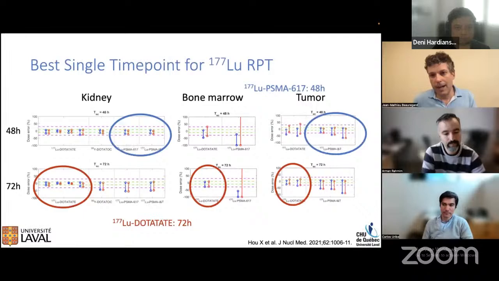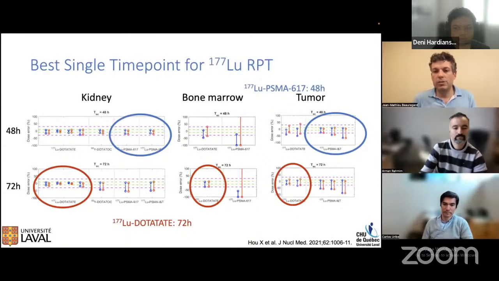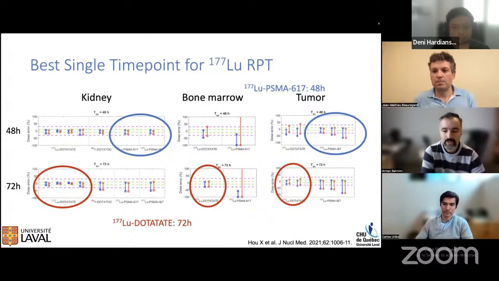The lutetium PSMA clears faster from the body, so the optimal time point is around 2 days after the treatment, whereas with lutetium dotatate, it's better to scan 3 days after the treatment. These are the scanning time points that would give the best accuracy for key critical organs, as well as reasonable accuracy for the tumor dose.